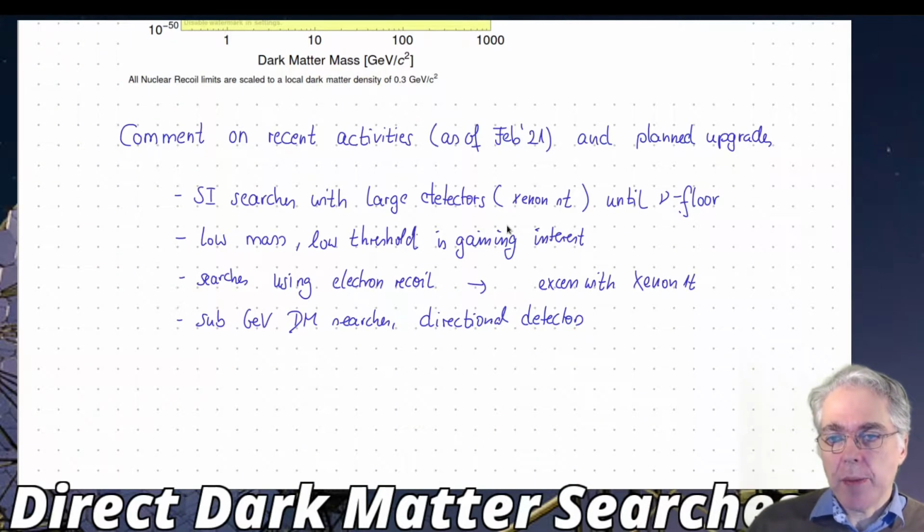So this is helping quite a lot, and the current major proposal that's already moving ahead is the XENONnT, so that'll be making this detector bigger essentially and improving gradually on a few of the features. And they have the potential to really go down to the neutrino floor.